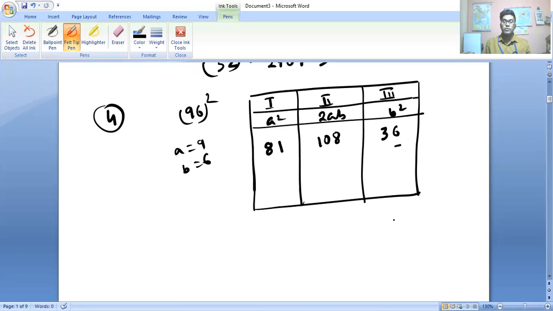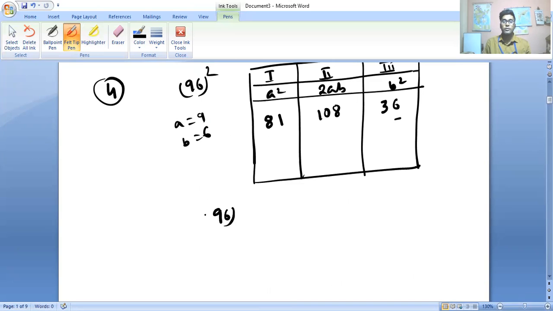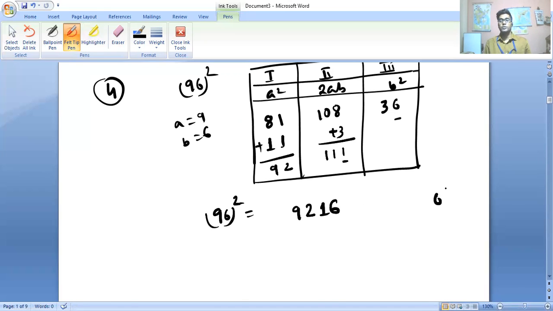So the unit digit we will write here. For 96 whole square, the unit digit we will write is 6, and we will carry the rest here. Again, the unit digit we are writing, and the rest of the digits we are carrying here and adding. So therefore this is the answer.